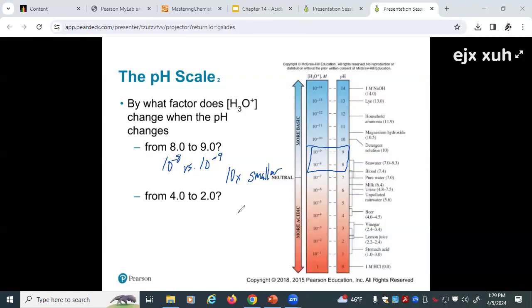Now, what about if we go from pH 4 to pH 2? Now, on this part of the scale, pH 4 is 10 to the negative 4th. pH 2 is 10 to the negative 2nd.